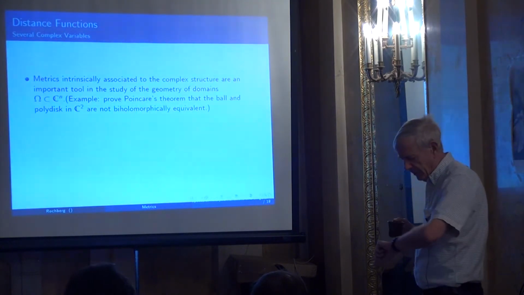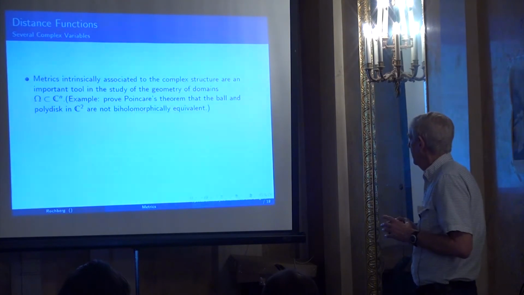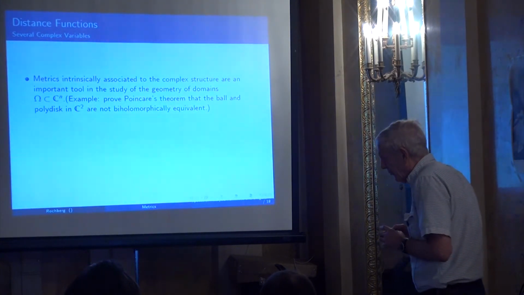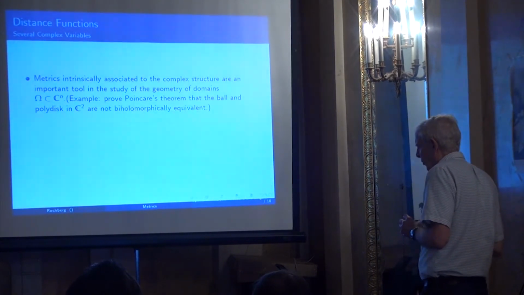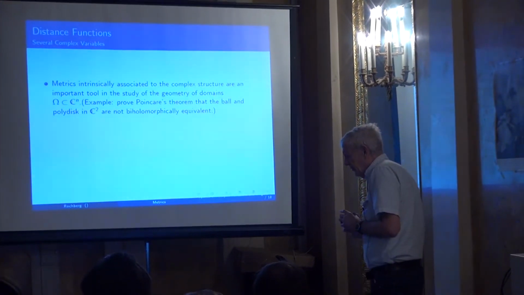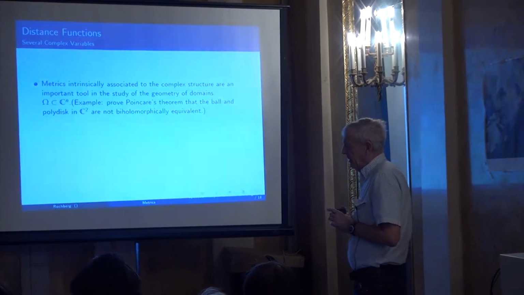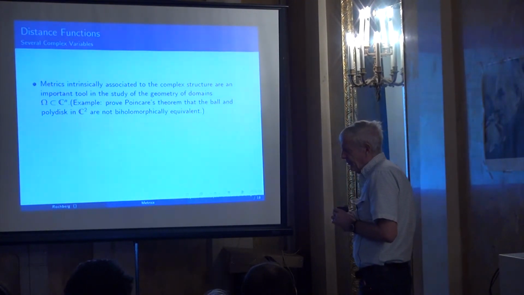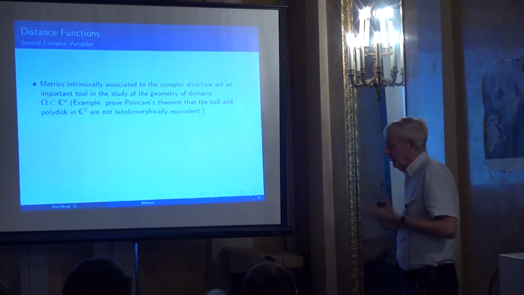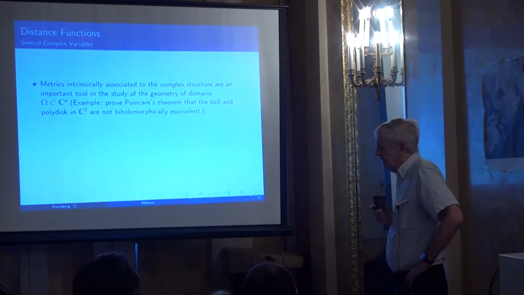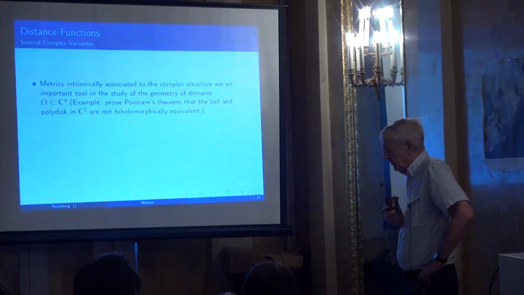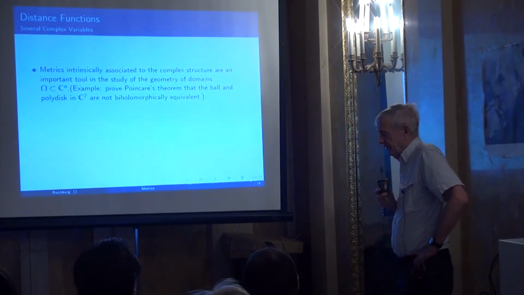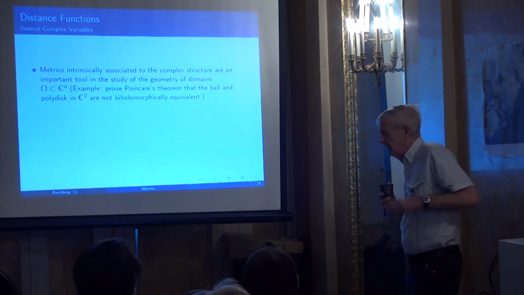The other comment I wanted to make, final comment, is there is ongoing work in studying several complex variables and studying the geometry of domains. There's an ongoing program of using intrinsically defined metrics on the domains to study the function theory and the operator theory and just the geometry of the domains themselves.